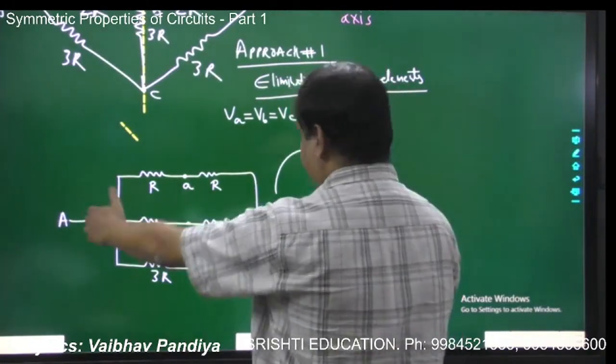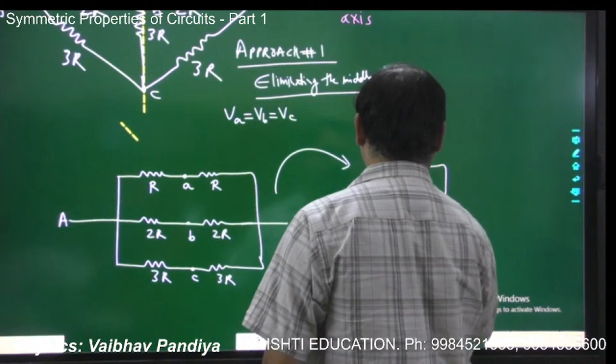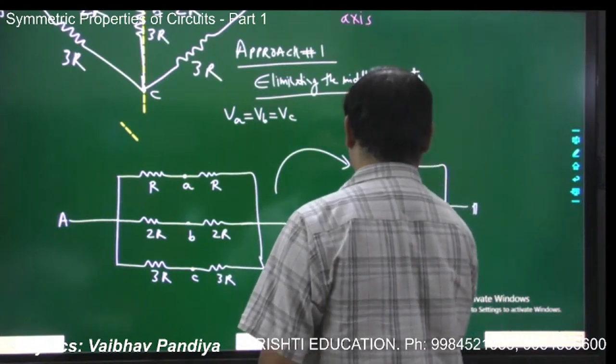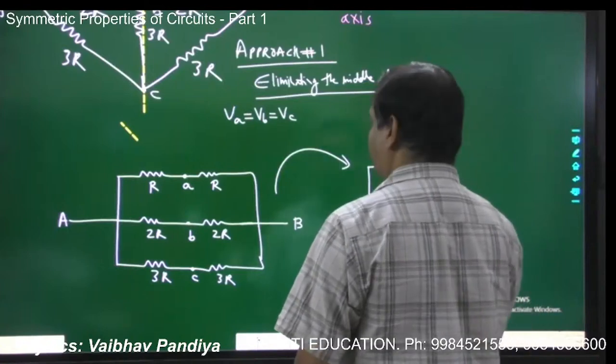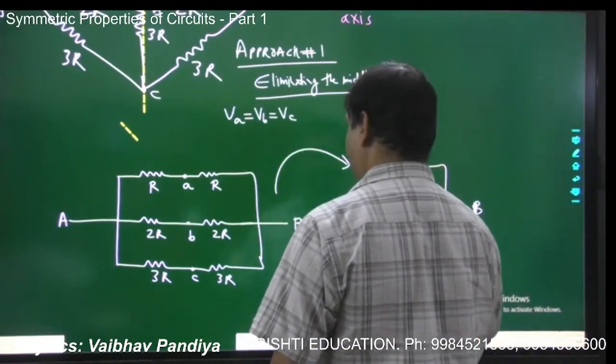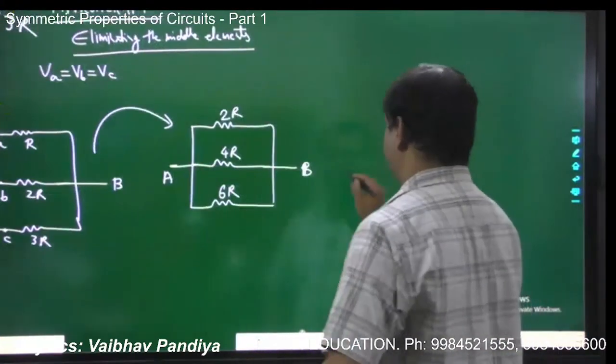Now this is in series, this is in series, this is in series. We have to find between A and B. So I will have three effective resistances between A and B in parallel combination: this is your 2R, this is your 4R, and this is your 6R. Now it's very straightforward, no? Very basic thing.